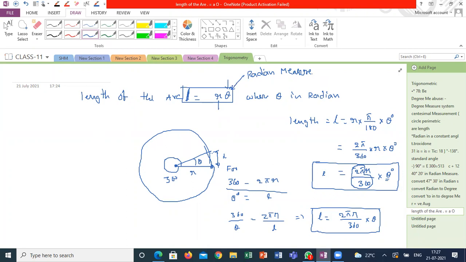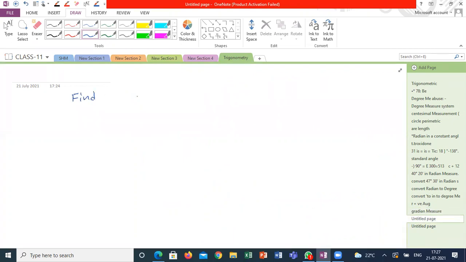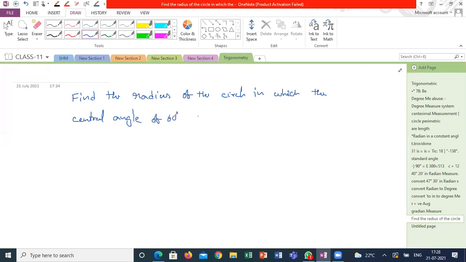Find the radius of the circle in which the central angle of 60 degrees intercepts an arc length of 37.4 centimeter.